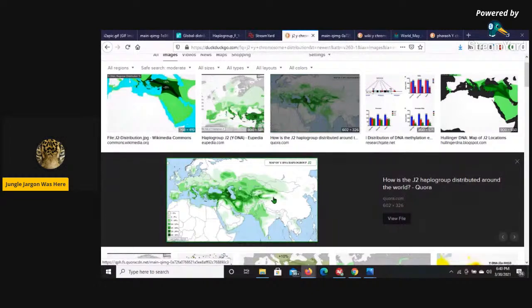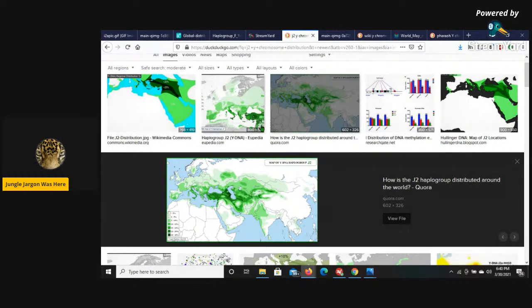That J2 is Judaic. J1 is Arabic, but the J2 is Judaic. And you can see it here as well. It's kind of showing the same thing here. Mesopotamia, because when they left the Levant, they were pushed north. They went that way.